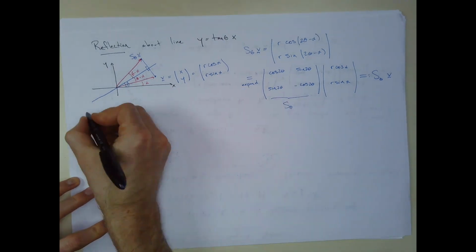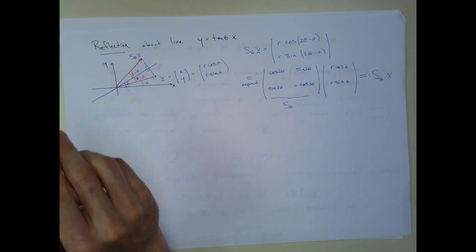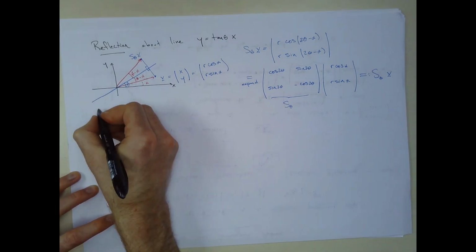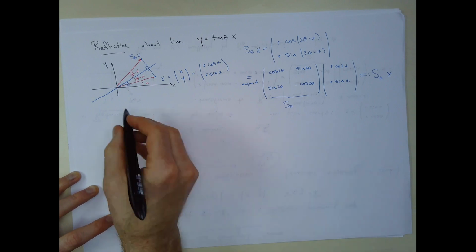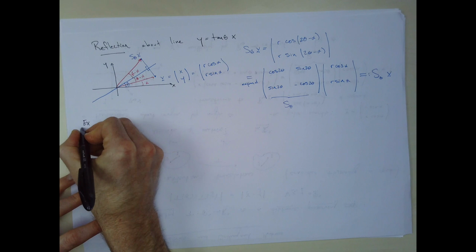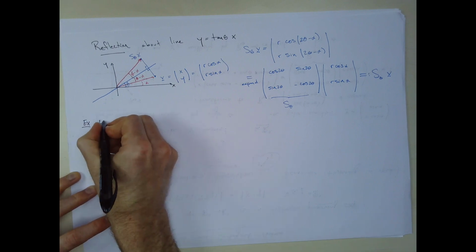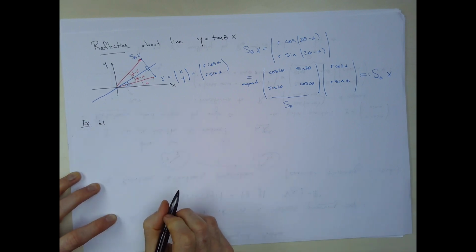Now, worth noting that this problem, this idea of reflection, is harder if the line doesn't pass through the origin. To see that by an example, this is example 61 in the online notes.